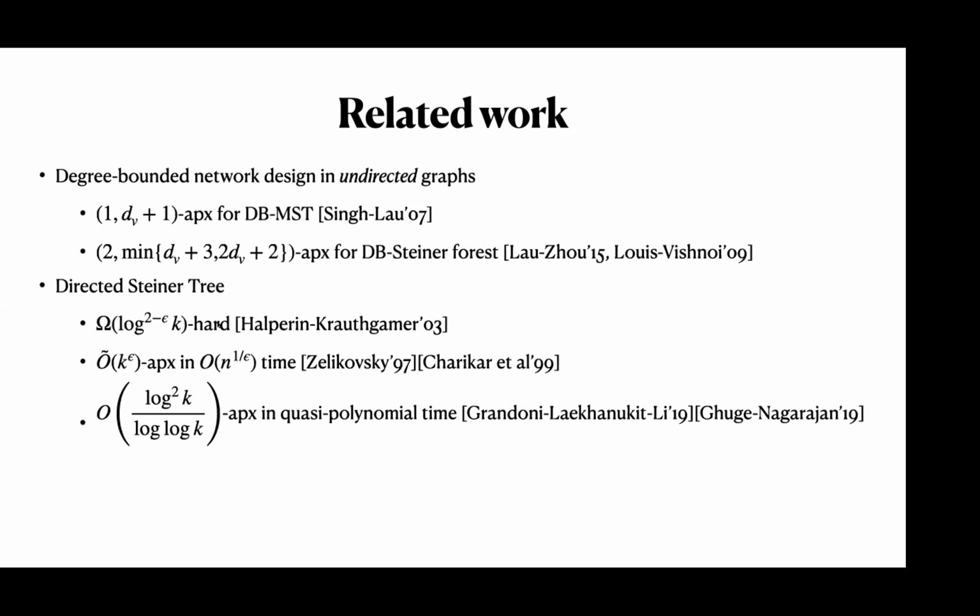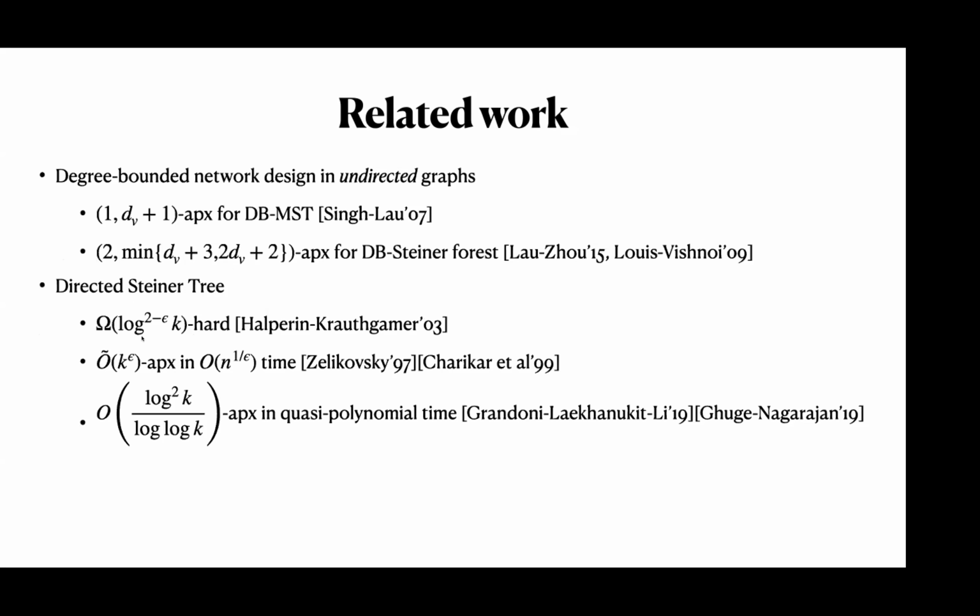So even without the degree bound, we cannot approximate directed Steiner tree within any constant ratio, assuming P does not equal NP. Actually, we cannot approximate within some polylog factors, but I don't remember the actual hardness assumption.